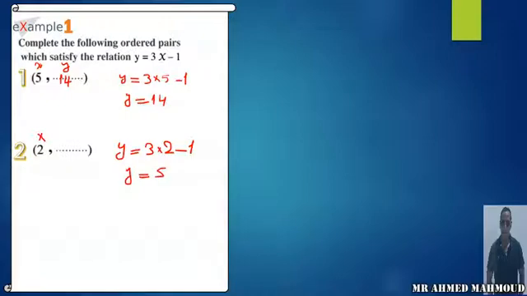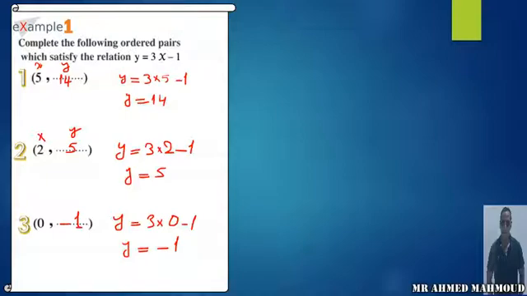So y equals 5, and the ordered pair will be 2 and 5. Another example: if x equals 0, then y equals 3 times 0 minus 1. Then y equals 3 times 0, 0, minus 1 equals negative 1. So here y equals negative 1.